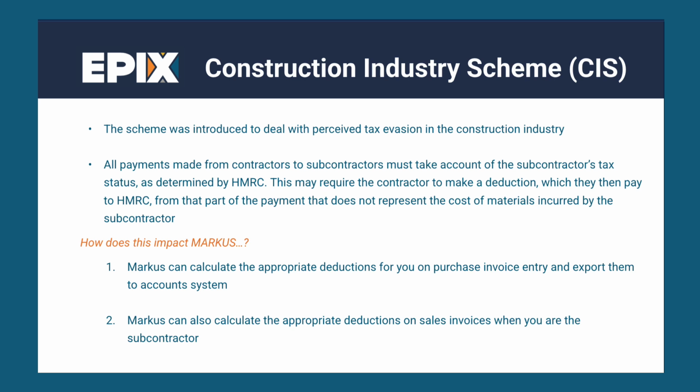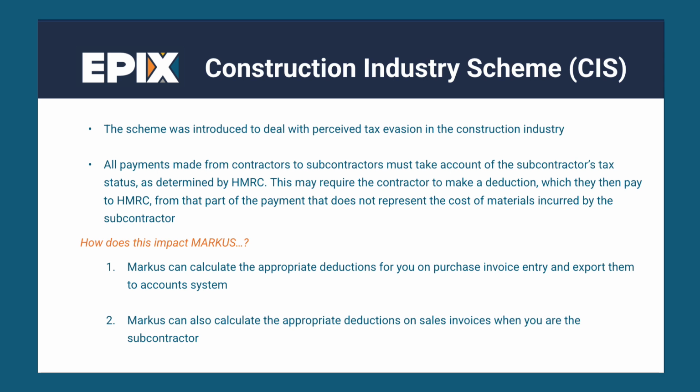We deal with it within our system by calculating the appropriate deductions on purchase orders and then the export to your account system, and also on the sales invoices side when you are the subcontractor for the works. So what I plan to do today is show you how you can set up your system to cater for all this and how it impacts upon MARKUS.